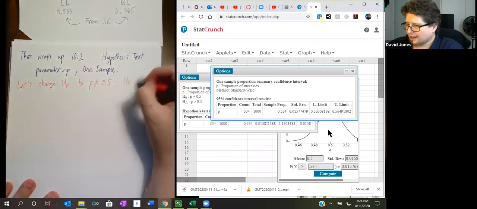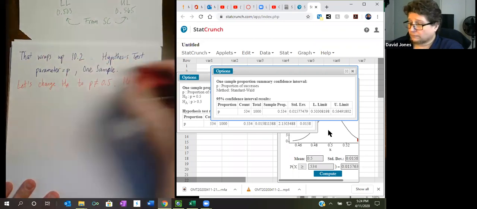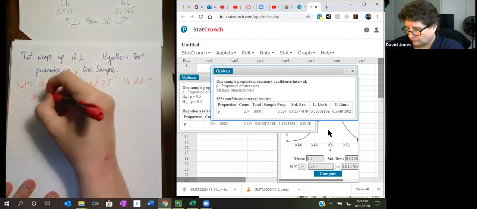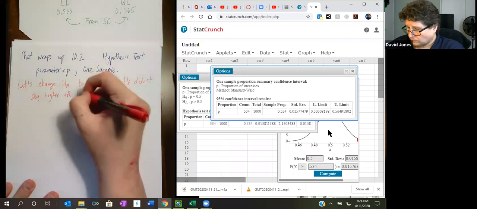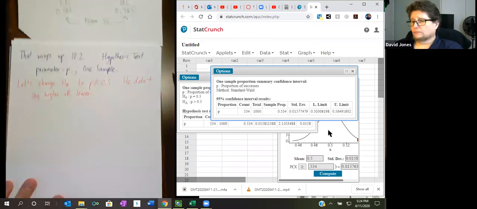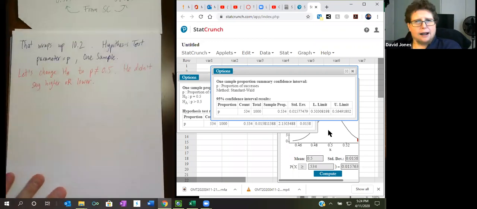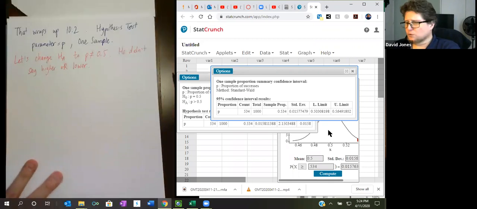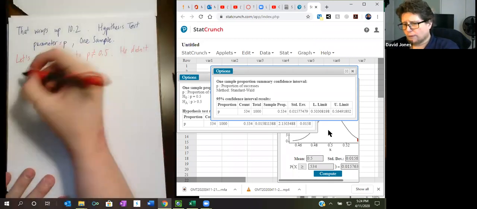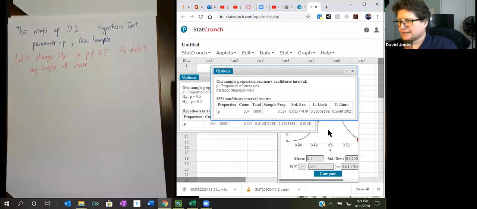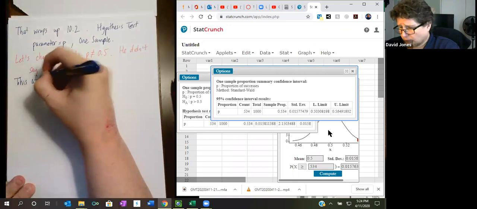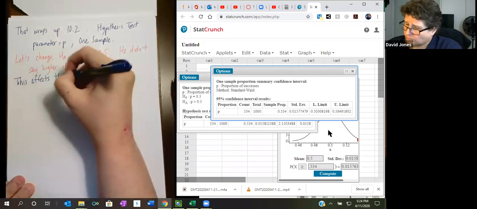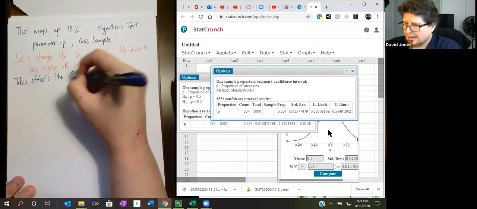He didn't say higher or lower. This is going to change some stuff, and this affects which CI we use.